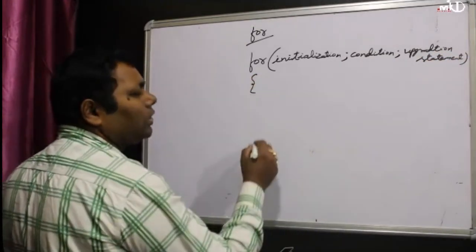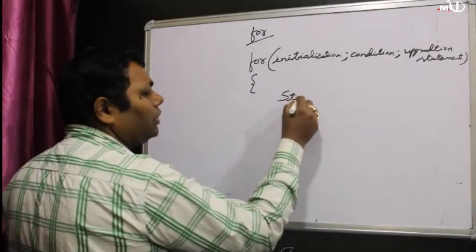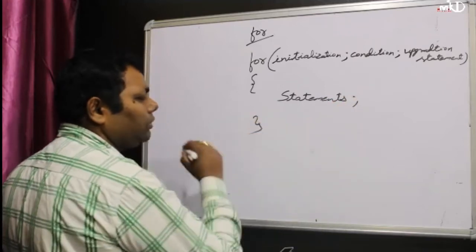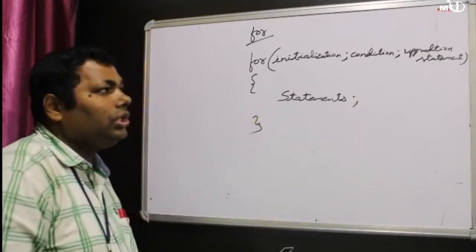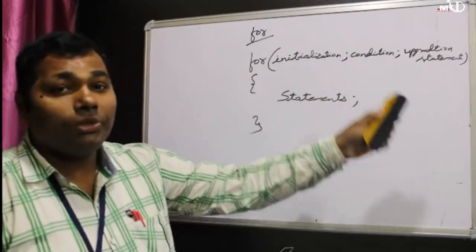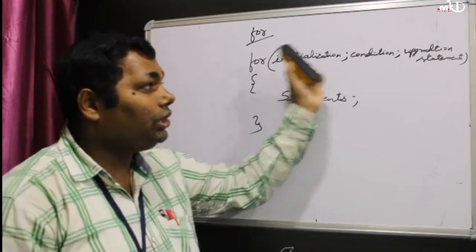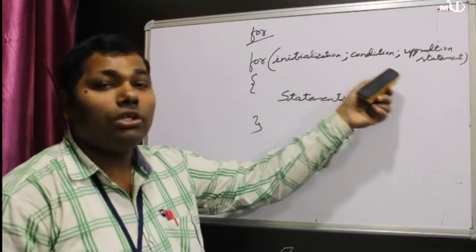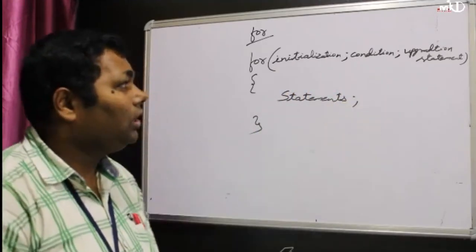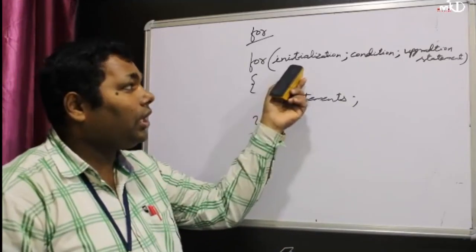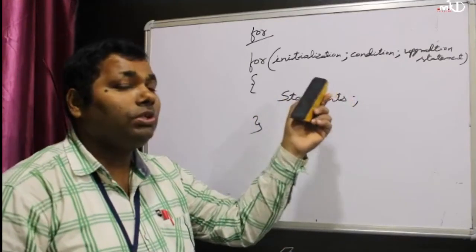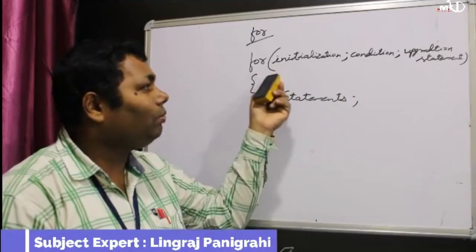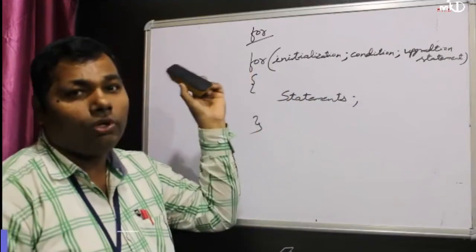Then open curly braces, write down the statements and close curly braces. Okay, so here initialization, condition and upgradation are put in a single statement and all are separated by semicolons. Clear? So you may write or may not write the initialization, condition, upgradation, but the semicolon is compulsory. You must put the two semicolons within the open parenthesis and close parenthesis of the for loop.